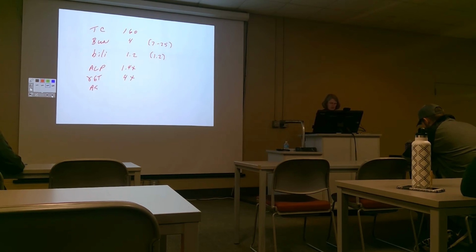AST, ALT were fine. Amylase, given that he had pancreatic cancer, was fine, high normal. His iron was low at 25. The bottom of the range was 4. Let's see if I got it.